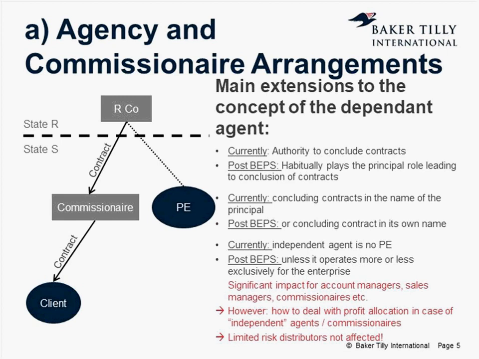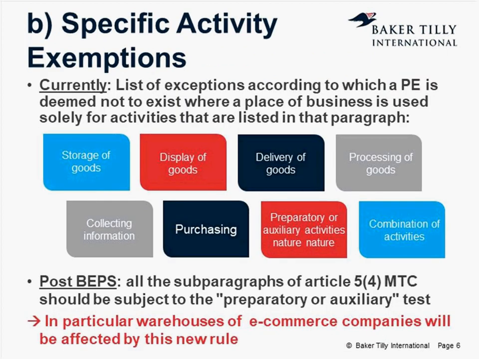If you look at those changes, it's important to realize that after you are deemed to have a PE, always the next question becomes relevant: what is the level of profit to be allocated to the PE? And in relation to commissioner structures, where the company already receives a remuneration for its services, it's questionable whether there is room for additional profit allocation.